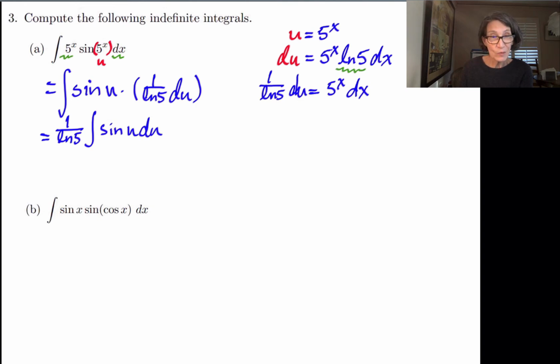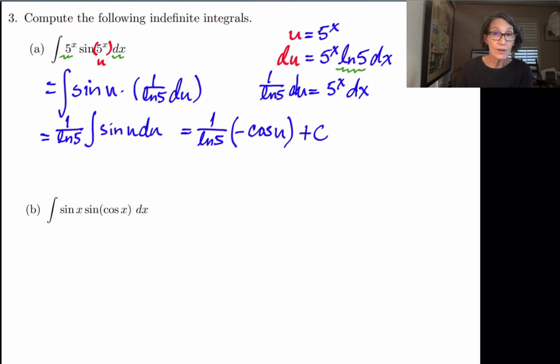And so we just need the antiderivative of sine of u. So we get 1 over natural log of 5 times the antiderivative of sine of u, which is negative cosine of u, plus an arbitrary constant c. Remember, with indefinite integrals, you always end up with a plus c. All right, we're not quite finished.